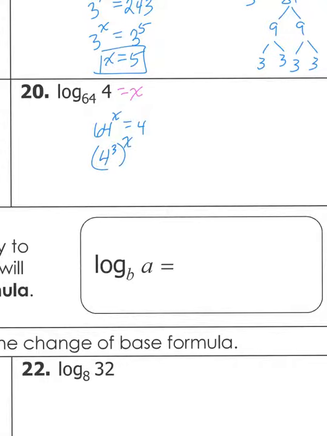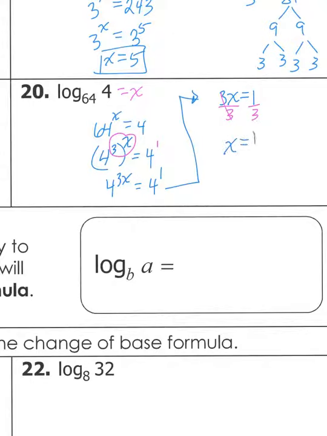It is raised to the x, and that's equal to 4. Now don't forget that this 4 has an exponent of 1, and over here we have power to a power, so we really have 4 to the 3x is equal to 4 to the 1st. Then we're going to drop our bases and set our exponents equal, and this one does require a little work on our behalf. And so we get x is equal to 1/3.